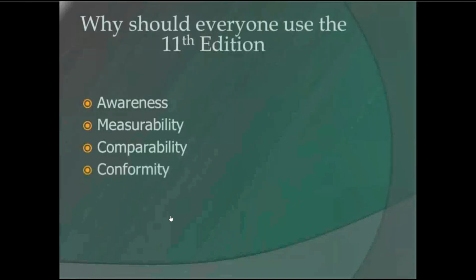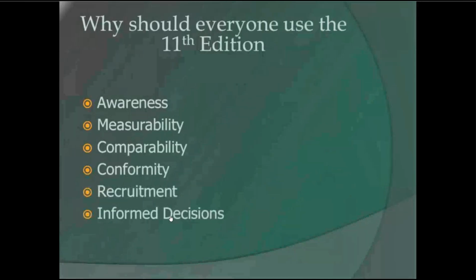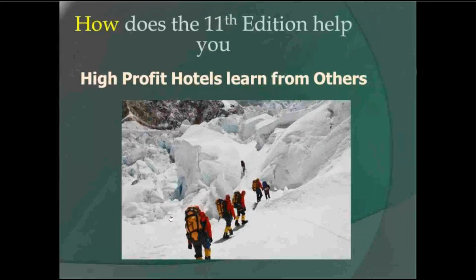Conformity. When you go to borrow money, when you go to sell your hotel, when you go to show your financial information to any institution for any reason, this is the format that they're going to expect it to be in. Finally, you want to be able to make informed decisions. Ultimately, what this is about is improving your profits. It's about learning from others.